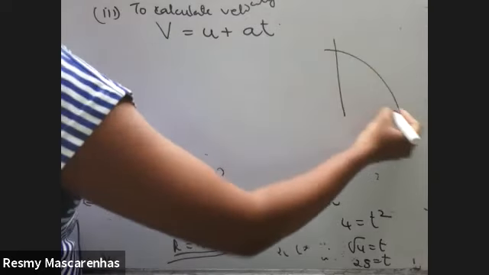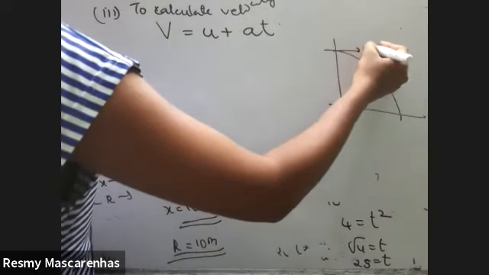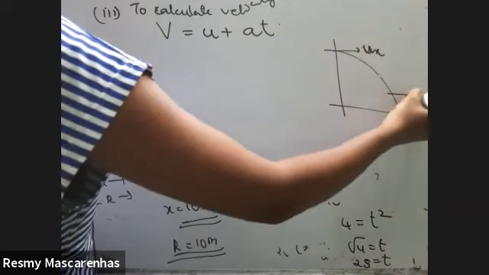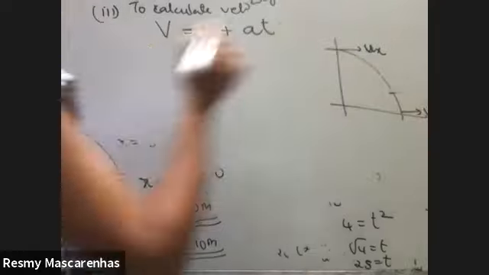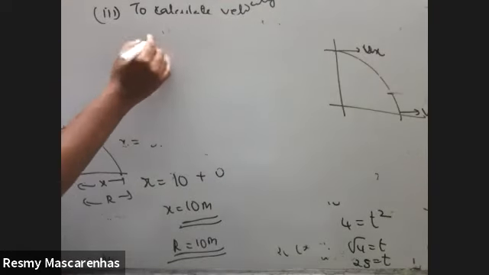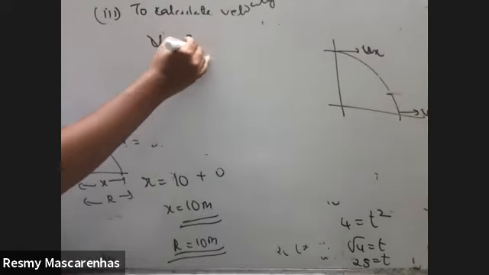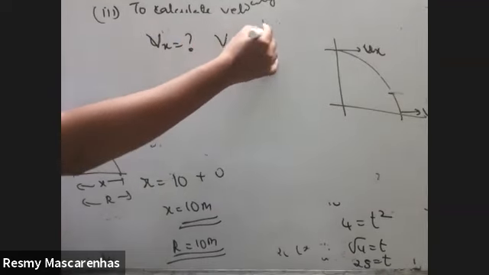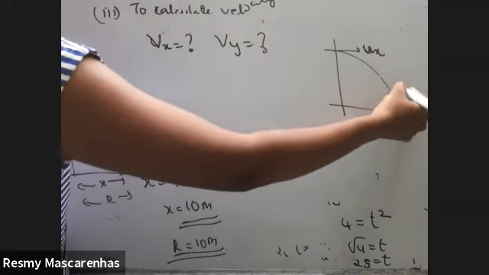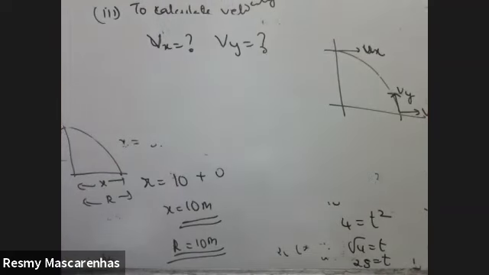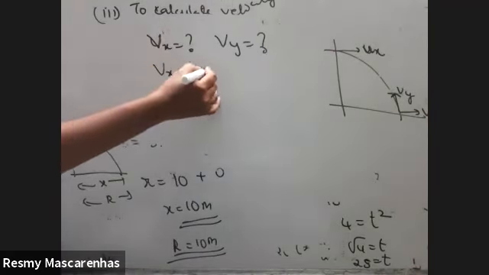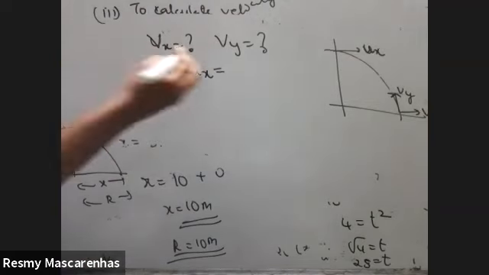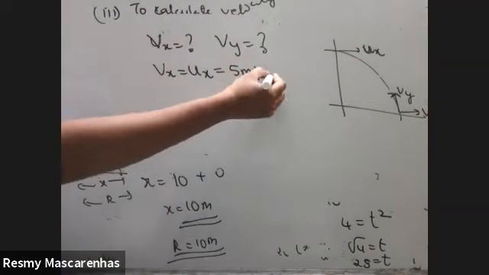The ball is falling here. Your Vx, this is your Ux. Even after while hitting the ground, Vx will always be equals to Ux. So first part will calculate. I want to calculate what is my Vx and what is my Vy. I told you the horizontal Vx will always be same as Ux, which is already 5 meters per second.